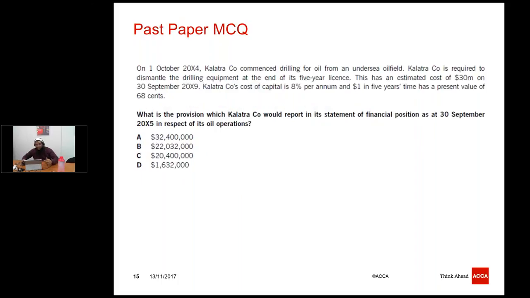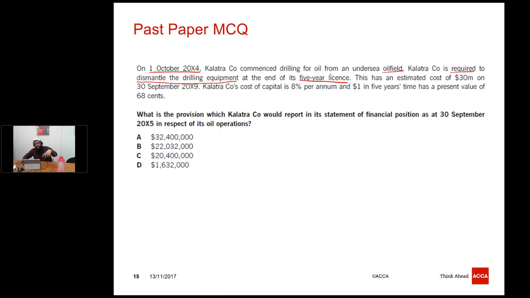Okay, now one more question for you people. The question says that on 1st October 20x4, Caletra company commenced drilling for oil from an undersea oil field. Caletra company is required to dismantle the drilling equipment at the end of its 5-year license.